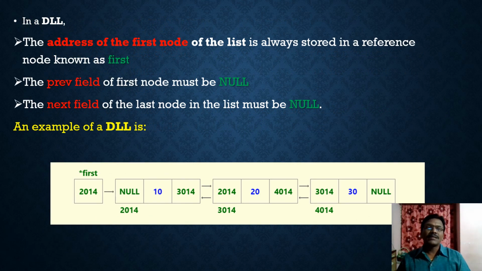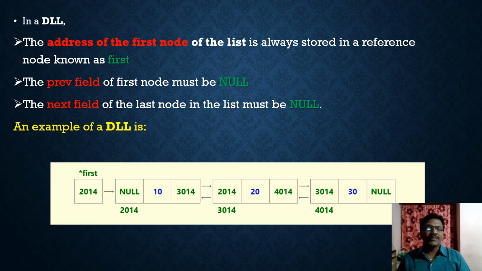In a DLL, the address of the first node of the list is always stored in a reference node named first.